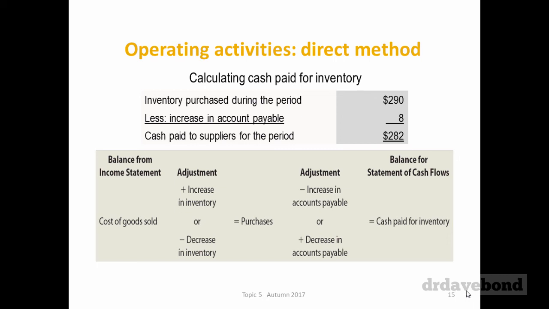But it's not the most logical thing that would happen. If you need something debited to accounts payable, so your accounts payable is dropping, the most likely thing is that you have repaid your suppliers. You've repaid them 282, that's what makes it work out. So you can actually do this with every single one.